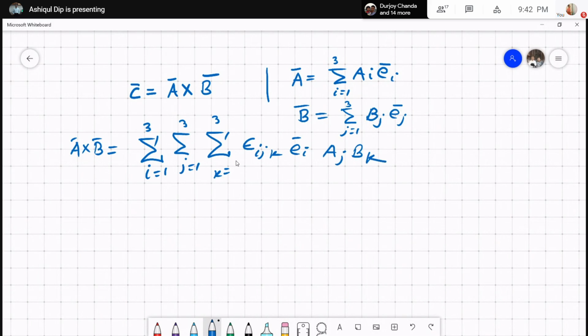This is how it is defined, where our epsilon is like this. It is +1 if I, J, K are an even permutation. Remember the word even permutation.